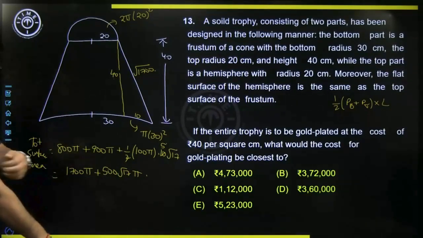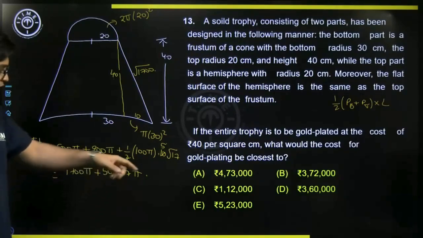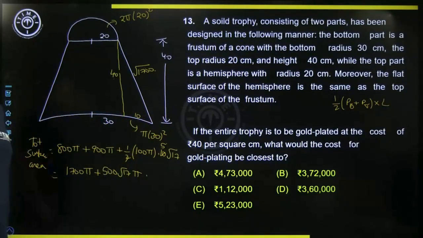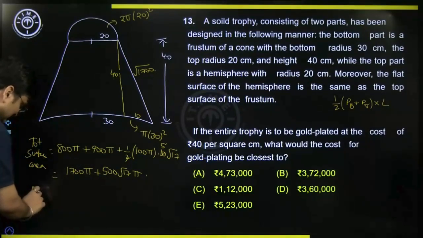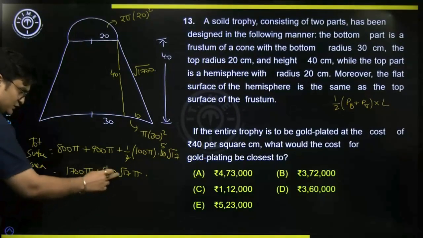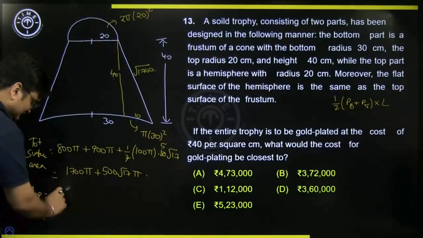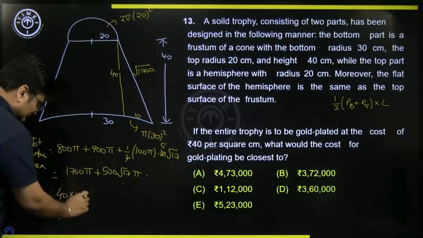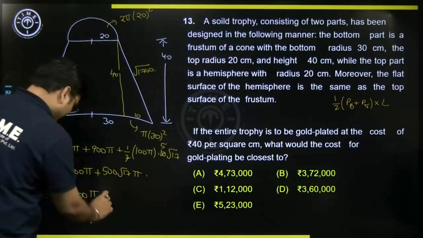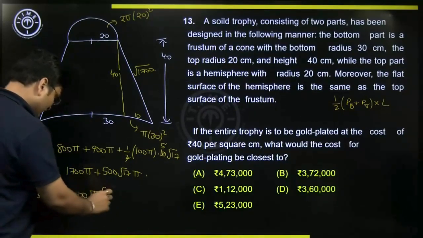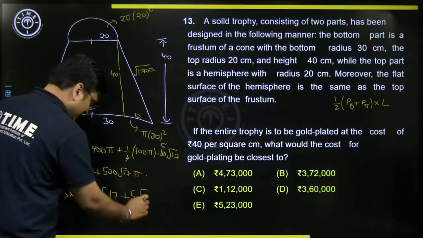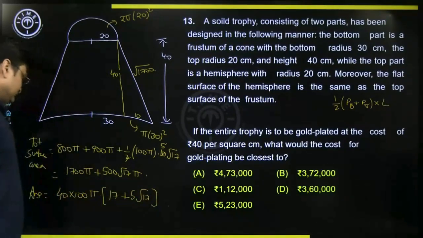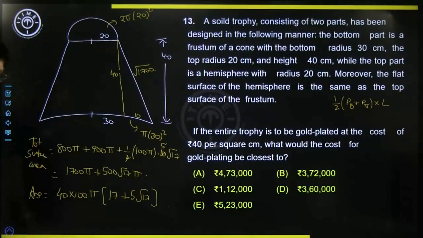So this is the total surface area, and if the cost is 40 per square centimeter, these many square centimeters multiplied by 40. I can take out 100 pi outside. So 100 pi, if I take it outside, I will be left with 17 plus 5 root 17. Correct?